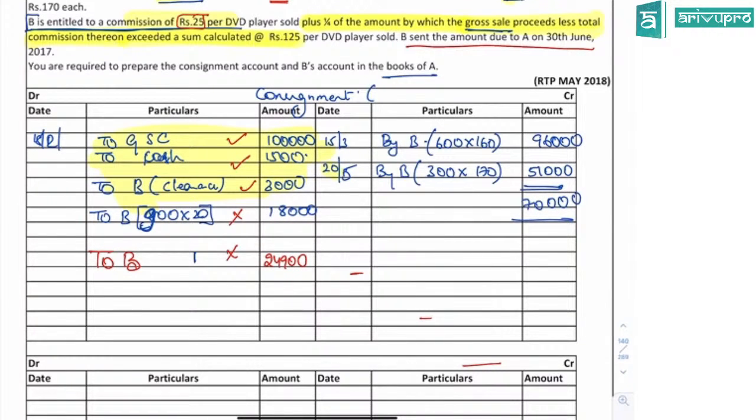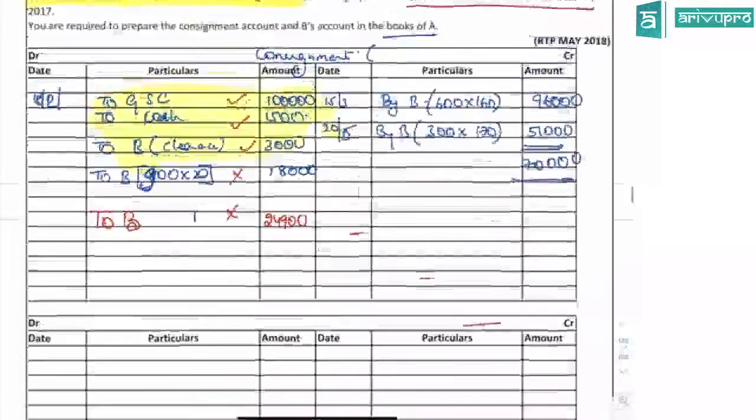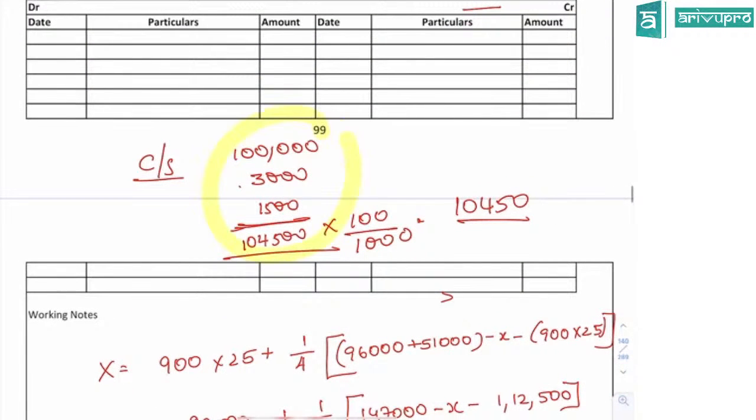Chirag, this is the cost of 1,000 units. I have to find out 100 units which are left. That's why I multiply by 100 and divide by 1,000.